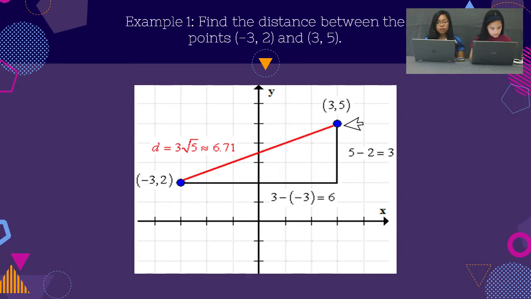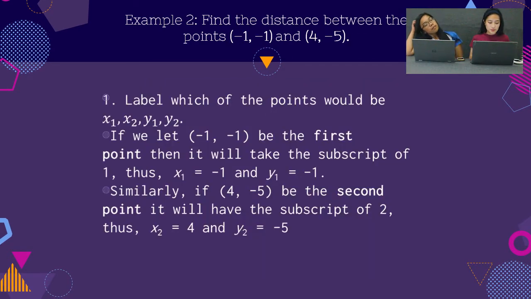As we've gotten earlier, our distance is 3 square root of 5. If we want to be more exact, you can plug these values into your calculator. In this case, our distance is equal to 3 square root of 5, or it can also be 6.71.